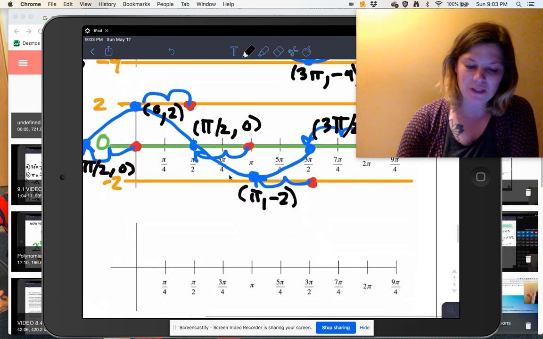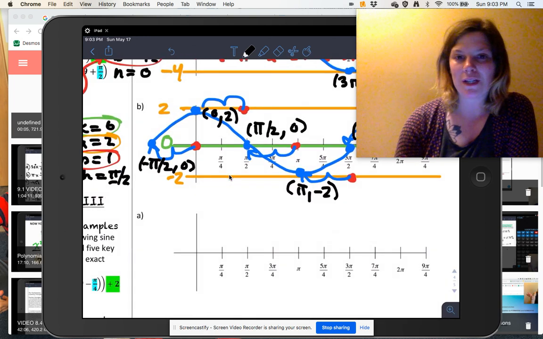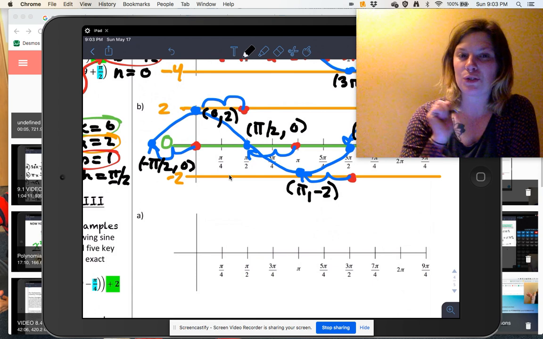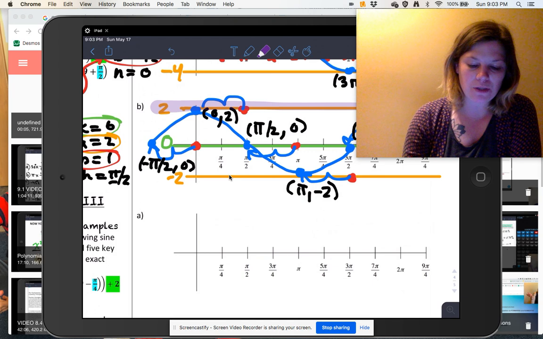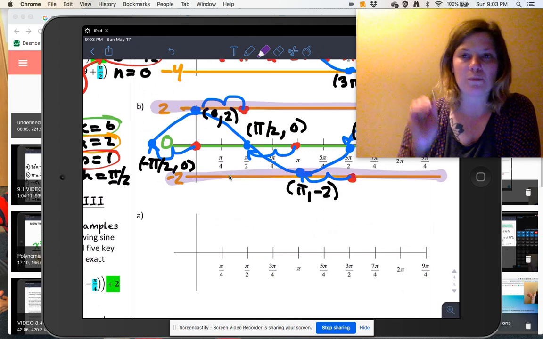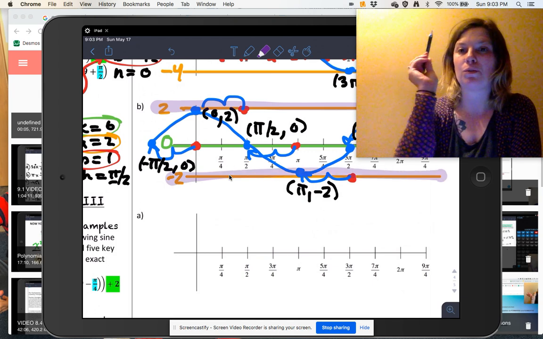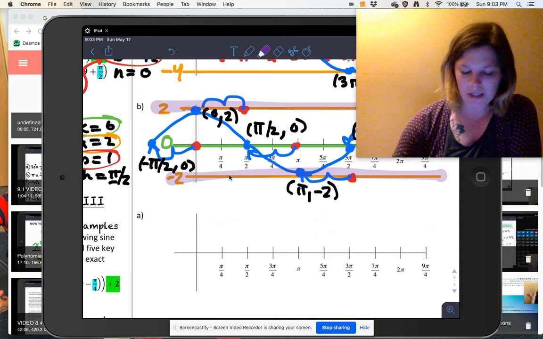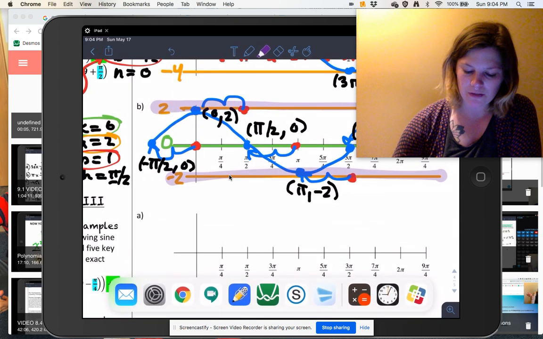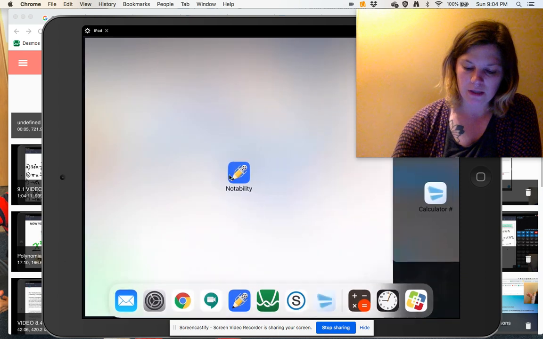Okay, so let's do this one. This one's probably the trickiest one because you have to move everything over 2 places, but also the amplitude is now 2, and so you go from 0 to 2 instead of 0 to +1.